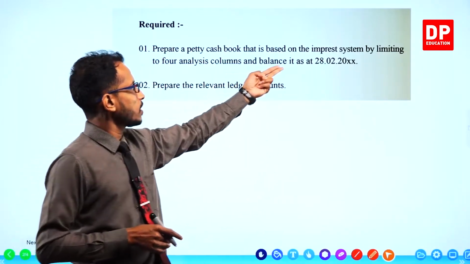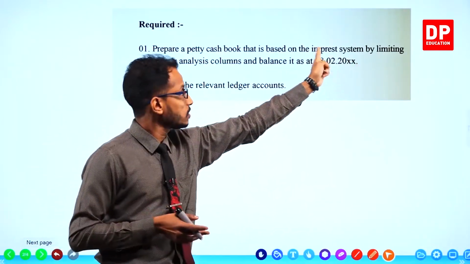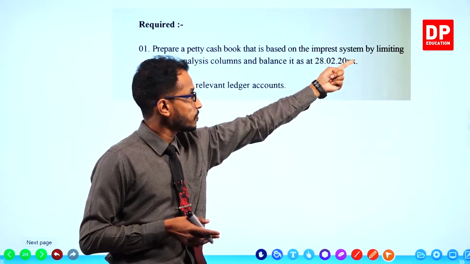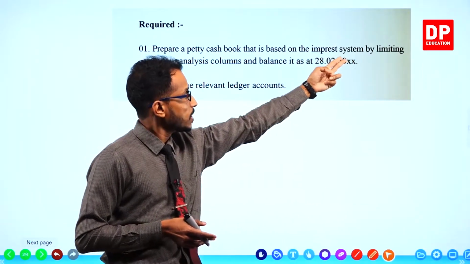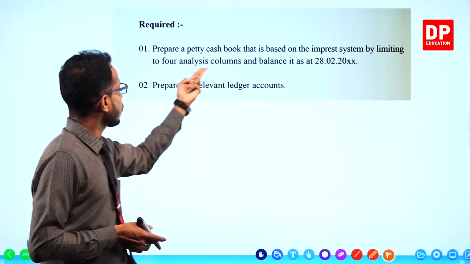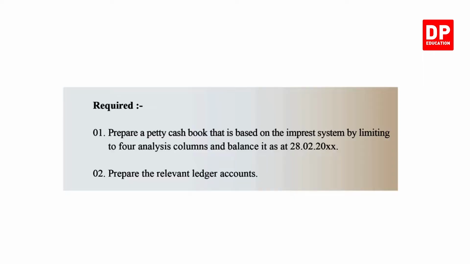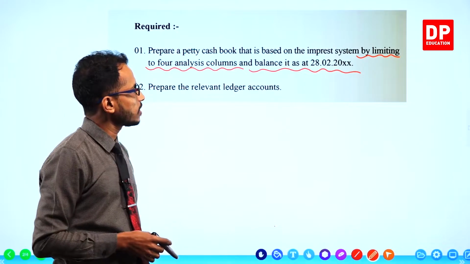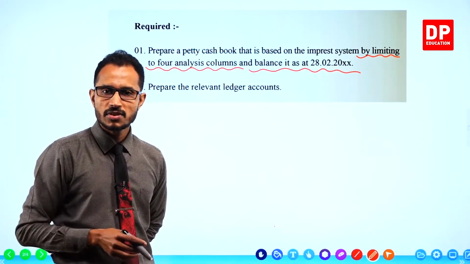All right. So they have mentioned imprest system, based on the imprest system, by limiting to 4 analysis columns. And we should balance it as at 28th February. Yeah, because there's no 31st of February.